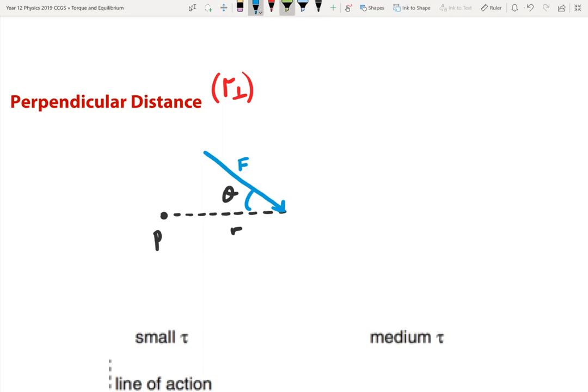Now, again, we could draw in the perpendicular, but what we do here, sometimes, if you extend your force either direction, you will get to a point where you can draw a right angle to the force vector. Sometimes you have to extend the force diagram. This now becomes R perpendicular, which is the perpendicular distance to our force vector.